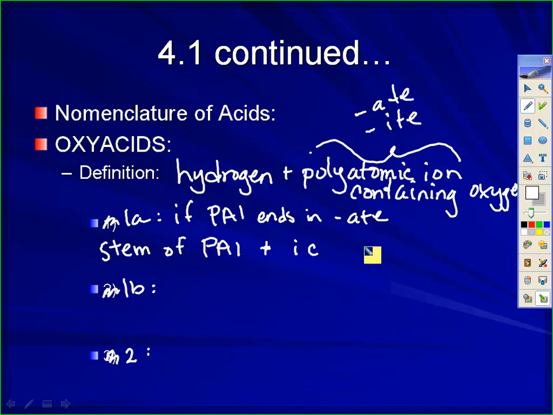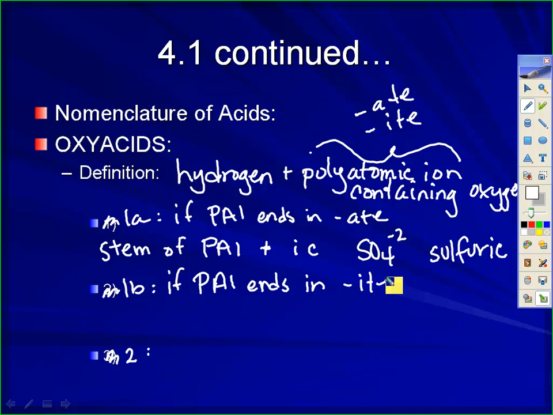I'll give you an example here. This polyatomic ion is SO4 minus 2, that's sulfate. So when you do the stem of your polyatomic ion plus ic, that would be sulfuric. If, in 1B, your polyatomic ion ends in ite, you're going to use the stem of your polyatomic ion plus ous, O-U-S.